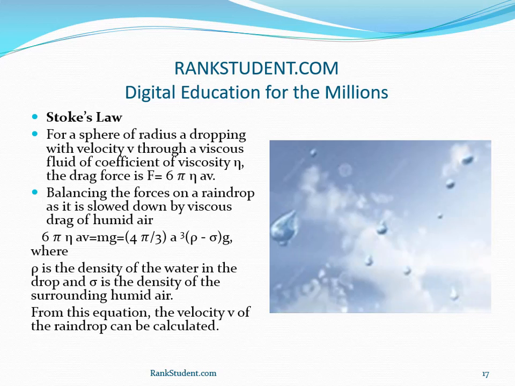From this equation, the velocity v of the raindrop can be calculated. The equation that you have seen is just a balance of Stokes' law against the force on a drop of rain calculated using the equation F equals ma, force equals mass times the acceleration.